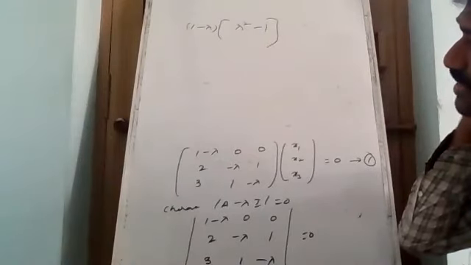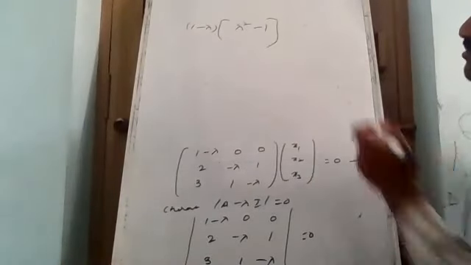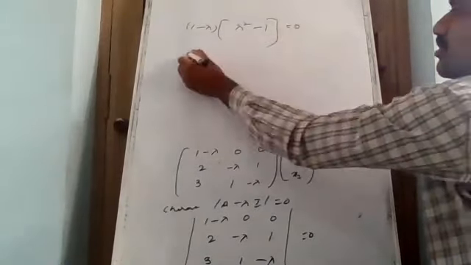So finally we get (1 minus lambda) into (lambda square minus 1) is equal to 0. Again it is in the form of a square minus b square, so I am writing it as (lambda minus 1) into (lambda plus 1) is equal to 0. And the roots are 1, 1, minus 1. So the eigenvalues of the given matrix are 1, 1, minus 1.